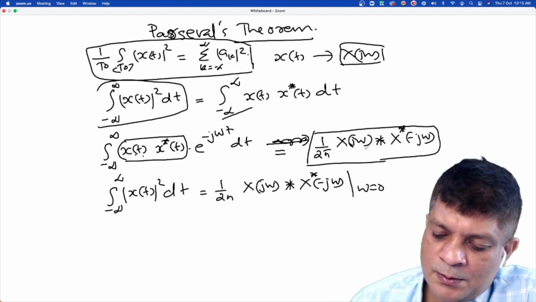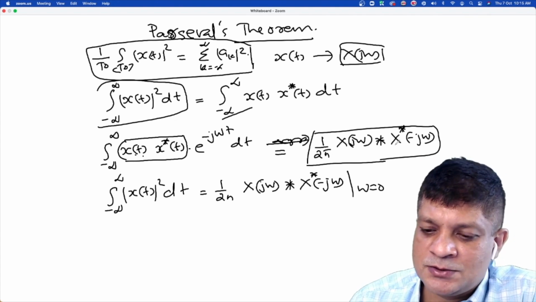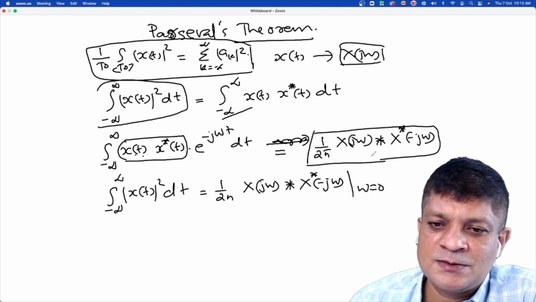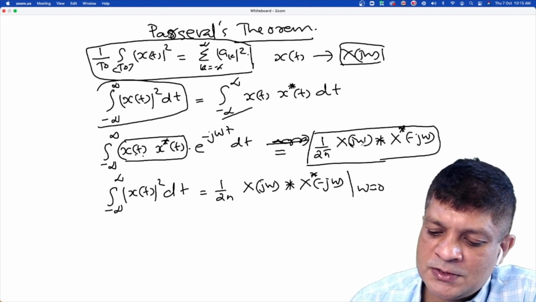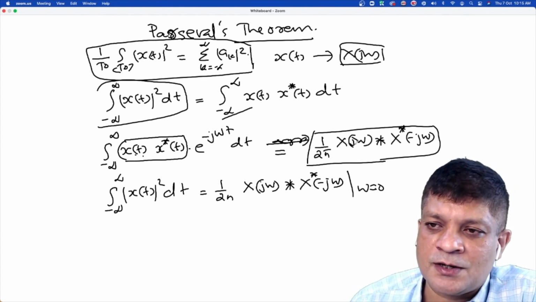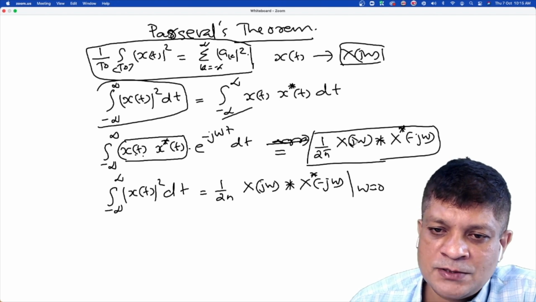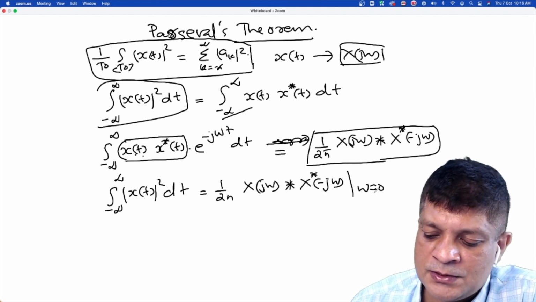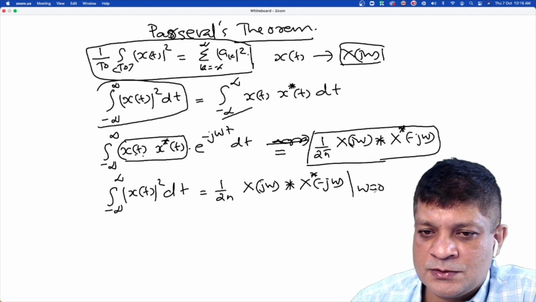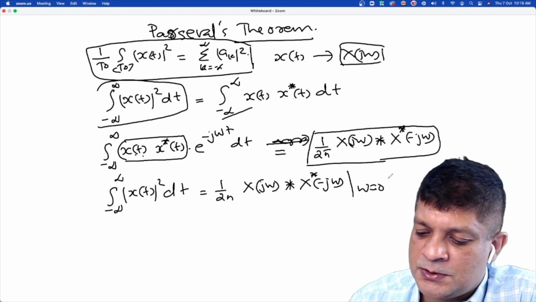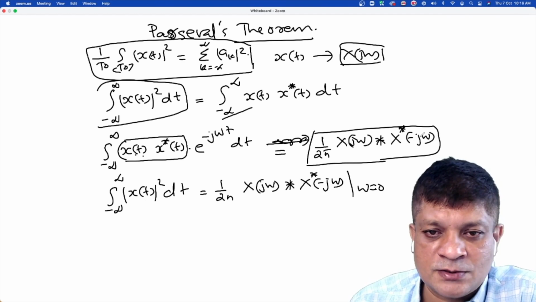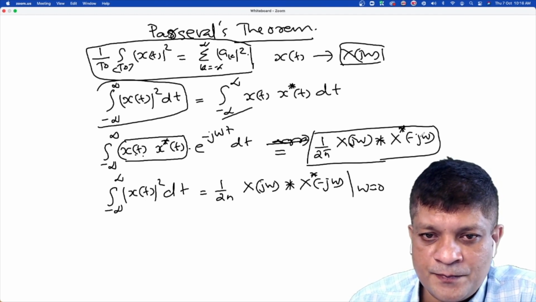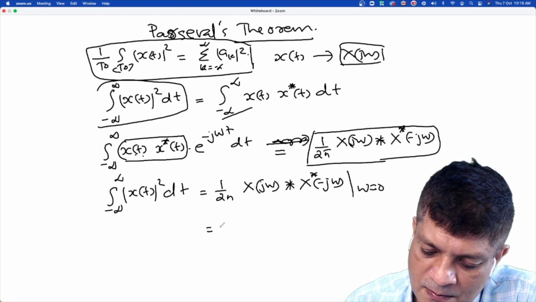Remember, you cannot directly substitute ω here. It is the convolution at that particular instant. If you directly substitute, you will get a constant, and that is wrong. First, you have to find the convolution, then set ω equal to 0. It is not directly X(j0) convolved with X(-j0).